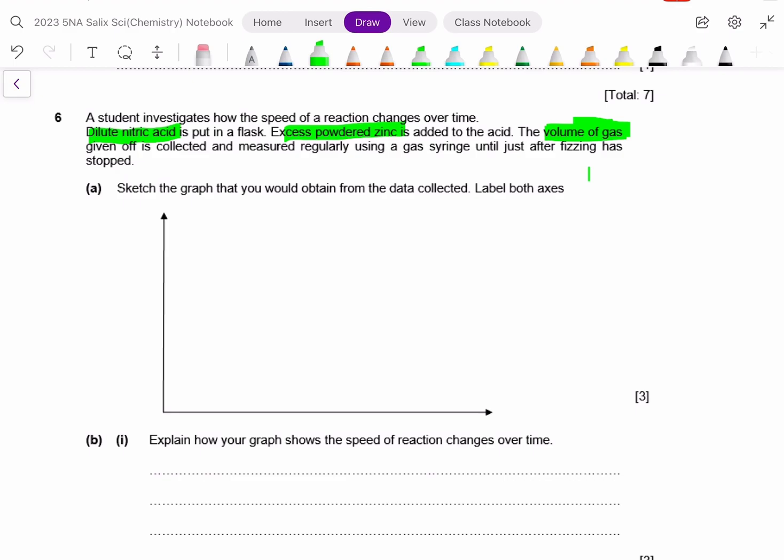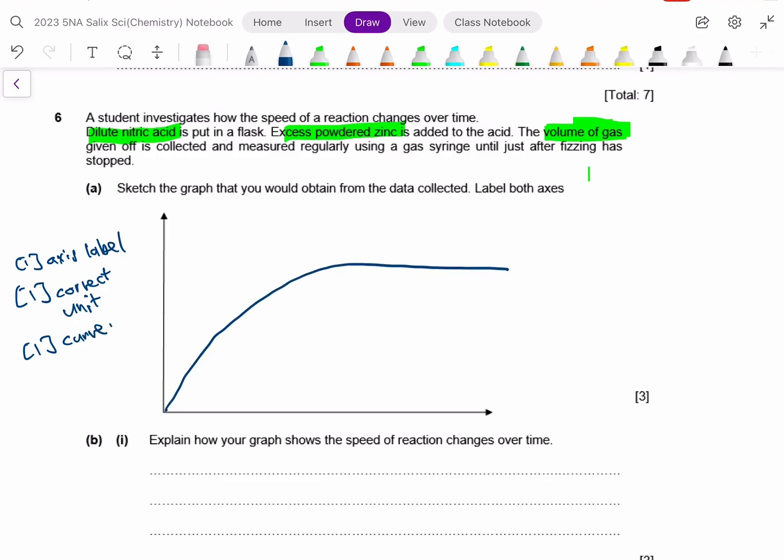There are 3 marks here. One for the correct axis label, 1 mark for correct units on the label, and the last mark is for the smooth curve.